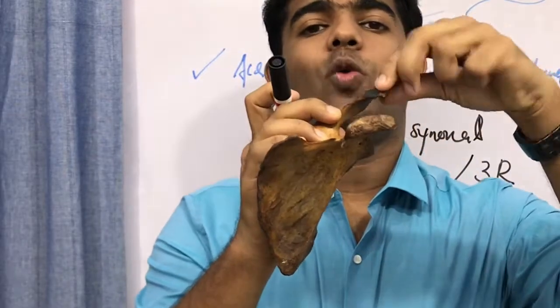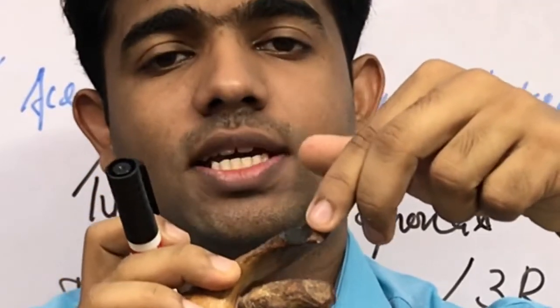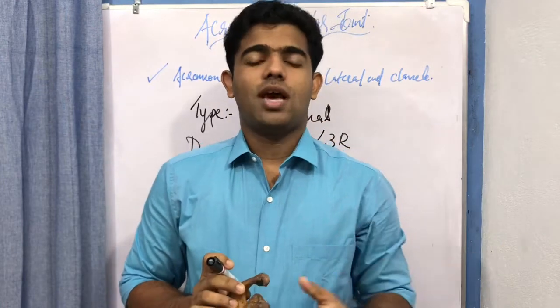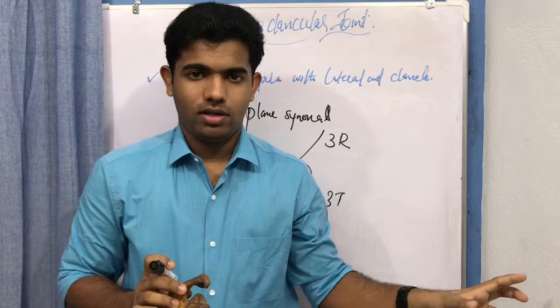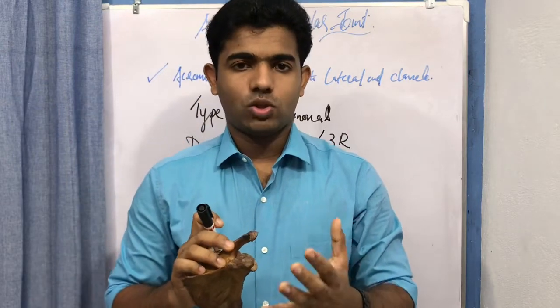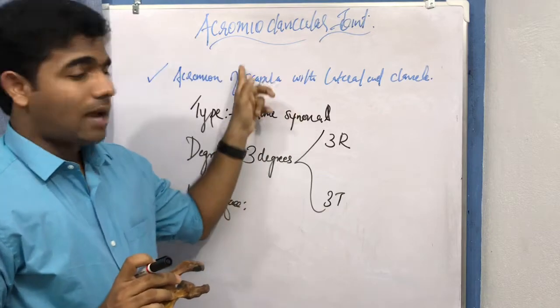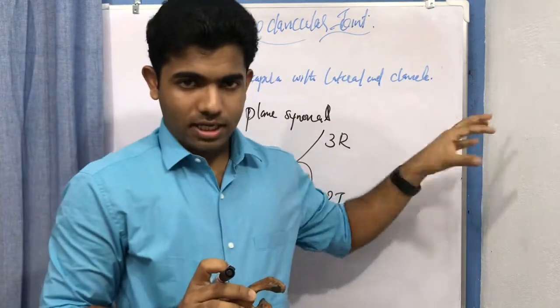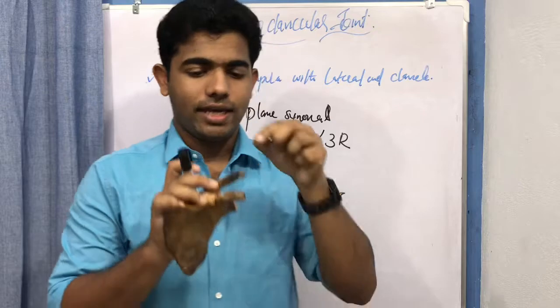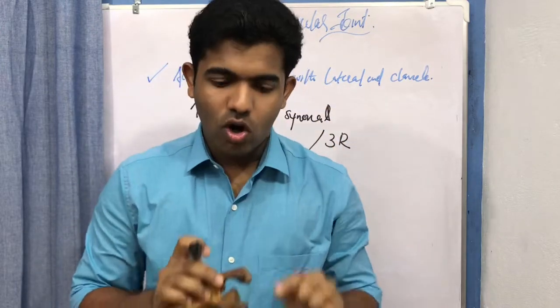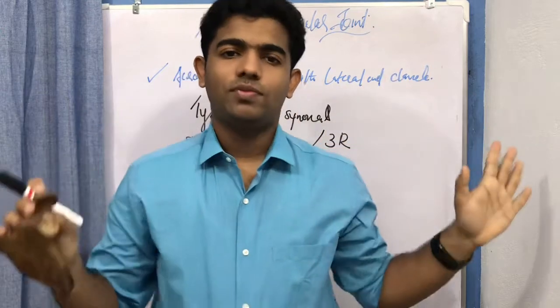This is a small facet in the acromion process which is going to articulate, in the acromioclavicular joint, with the lateral end of the clavicle, not the entire acromion process. So earlier we studied that it's the acromion of the scapula with the lateral end of the clavicle. Here we need to specify in depth: the lateral end of the clavicle articulates with a small facet in the acromion process of the scapula.